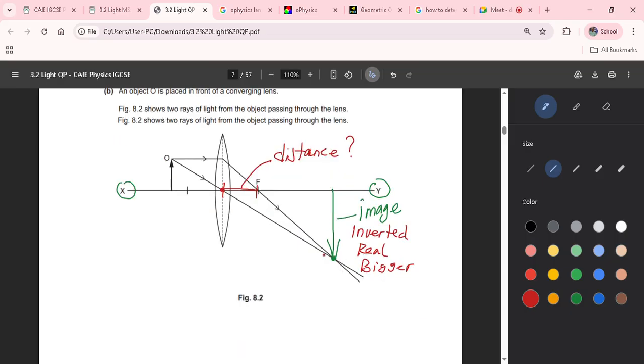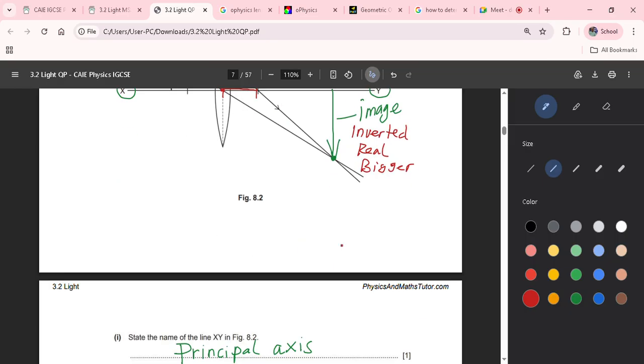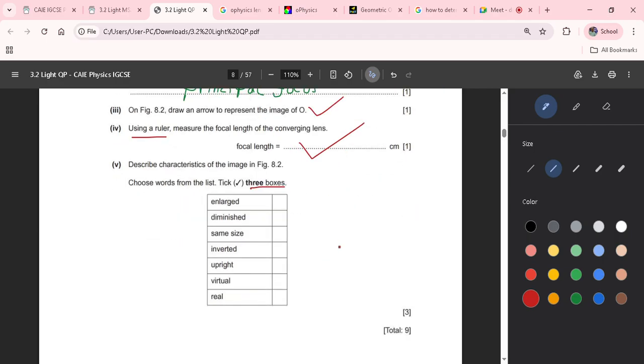Is it enlarged? Yes, right? Is it diminished? No, diminished means smaller. Same size? No, of course. Inverted. Is it inverted?